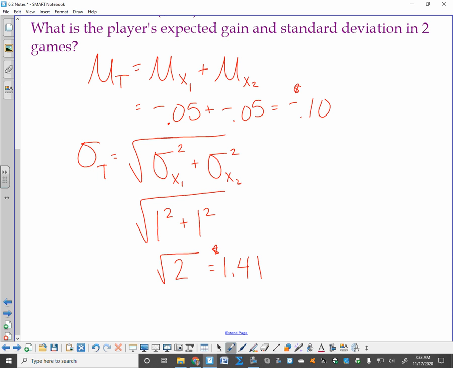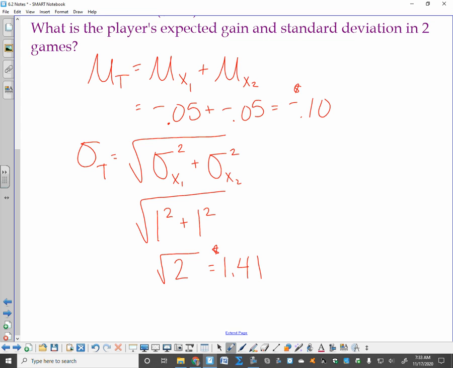I wouldn't think about this as 2 times one of the mu's. I would look at it as mu sub X sub 1 plus mu sub X sub 2 instead of 2 times, because your standard deviation you also need to think of as 2 separate instances.